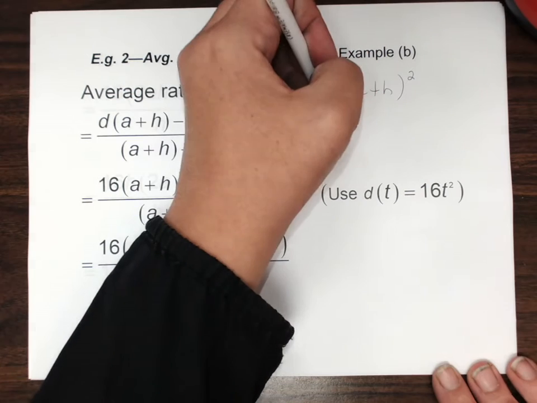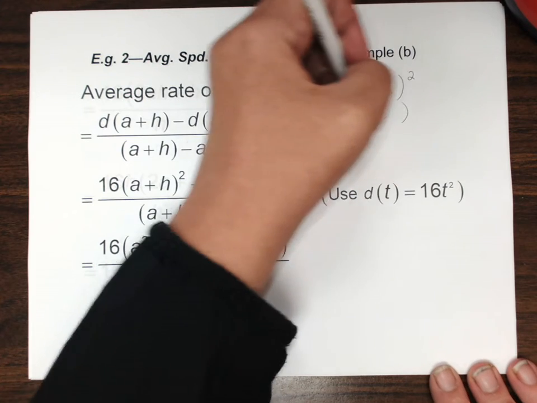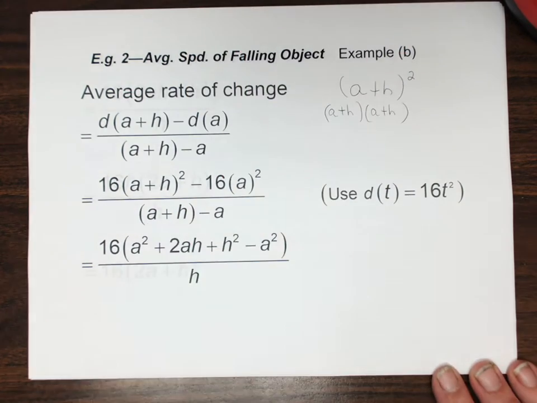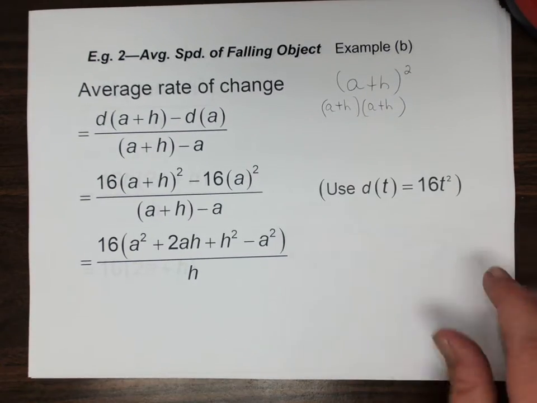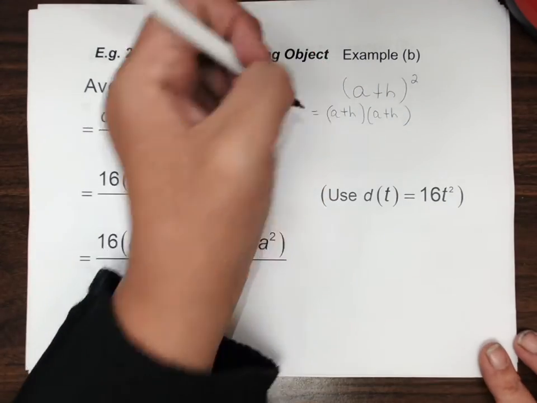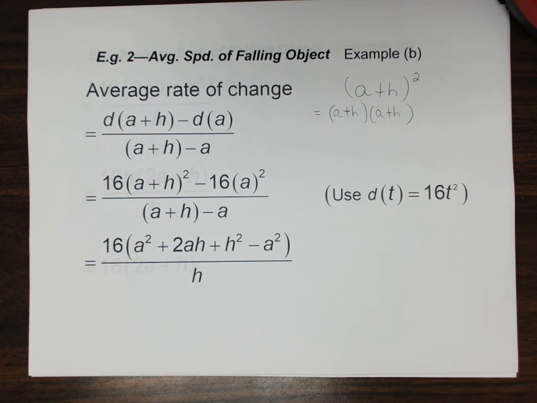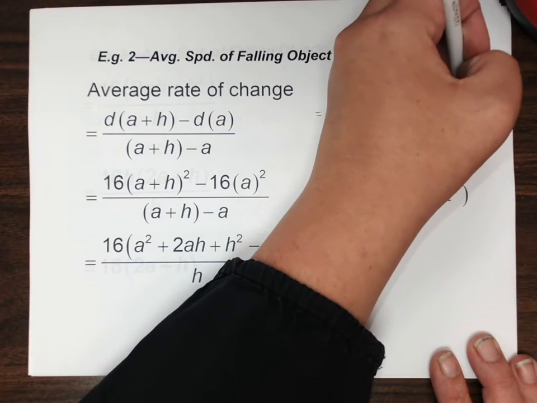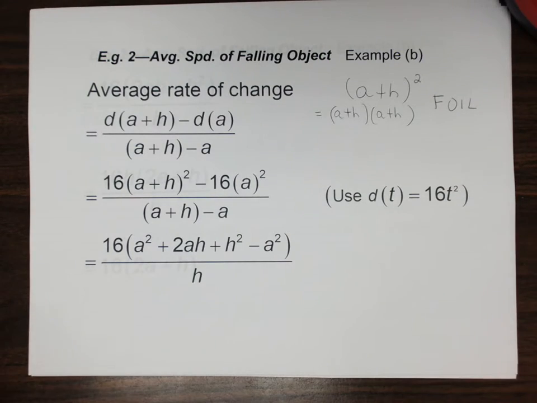Well, we know that a plus h squared is the equivalent of a plus h times a plus h, right? And when we have two parentheses like this, where we've got a plus sign in there, this is telling me I need to FOIL. If we recall foiling, I need to multiply the first pair, the outside pair, the inside pair, and the last pair.